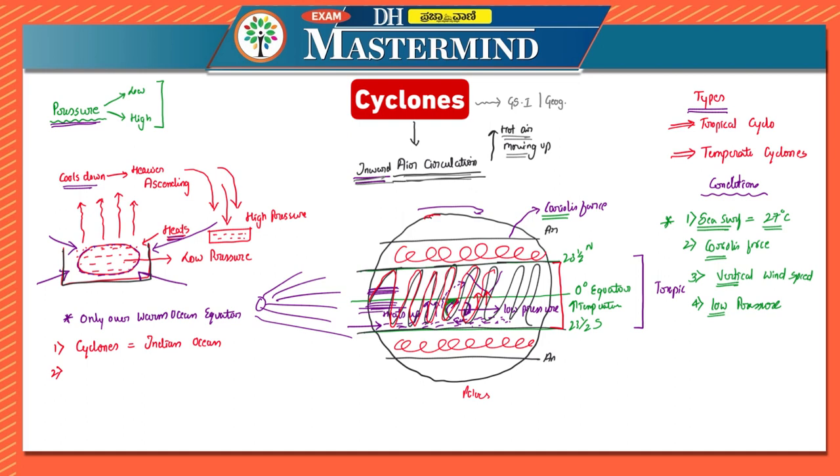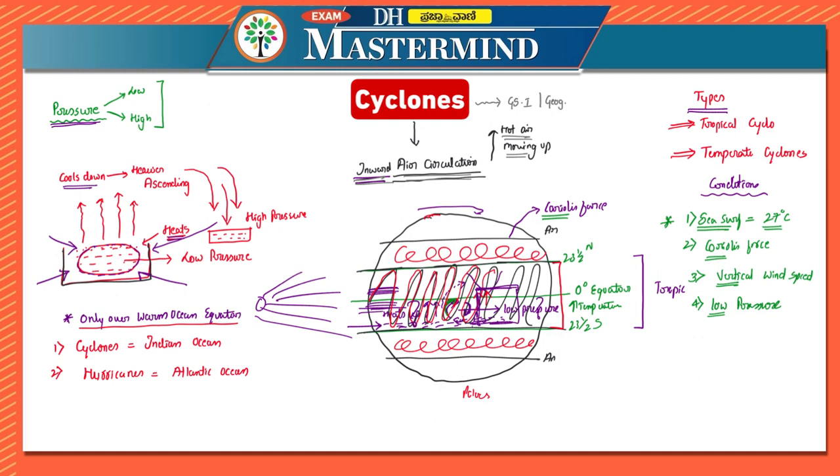So what about the cyclones which happen in other places? In other places there are different names, that's all. They are called hurricanes in the Atlantic Ocean.